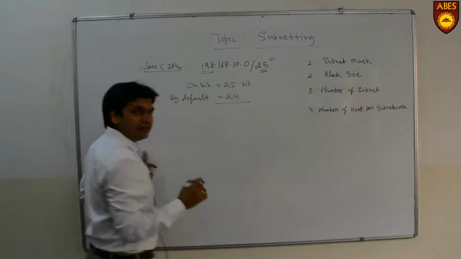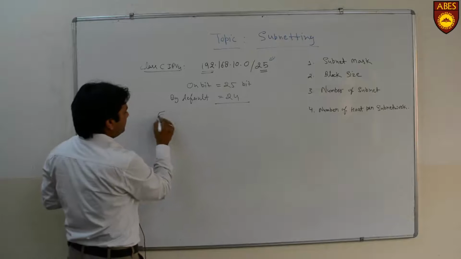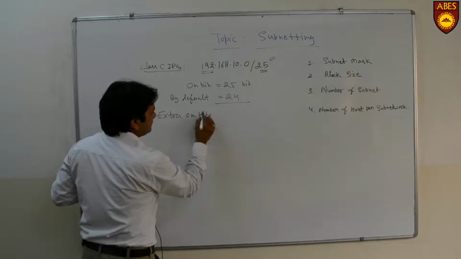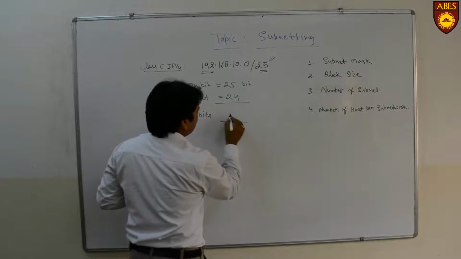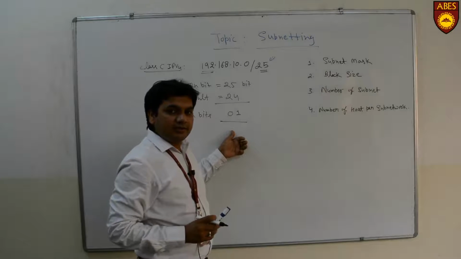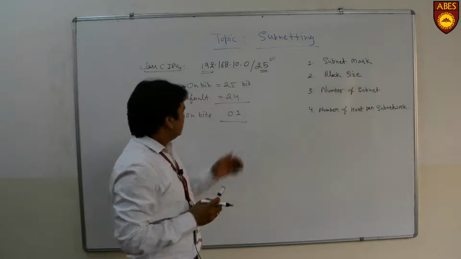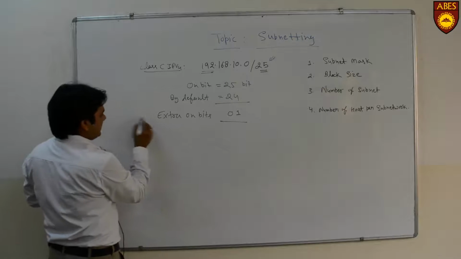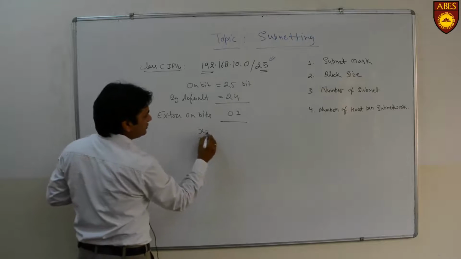So you have to calculate one variable: how many extra on bits there are. The extra on bits are 1. This 1 bit is used to calculate the number of subnetworks. That extra 1 bit is the variable we consider as x. So x equals 1.